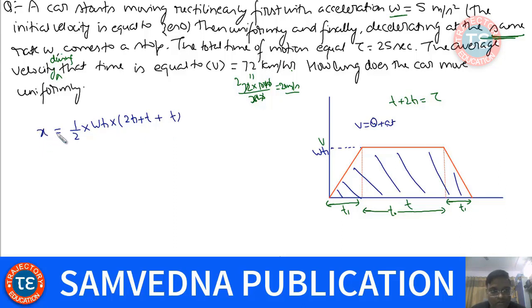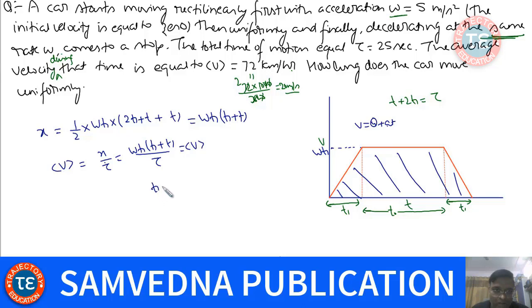So total displacement x would be wt1 (t1 plus t), and your average velocity that is given to you. So that is x upon total time taken. Total time taken is tau, you are given this tau. So this is wt1 (t1 plus t) upon tau equals to this. Get a point? That is given to you.